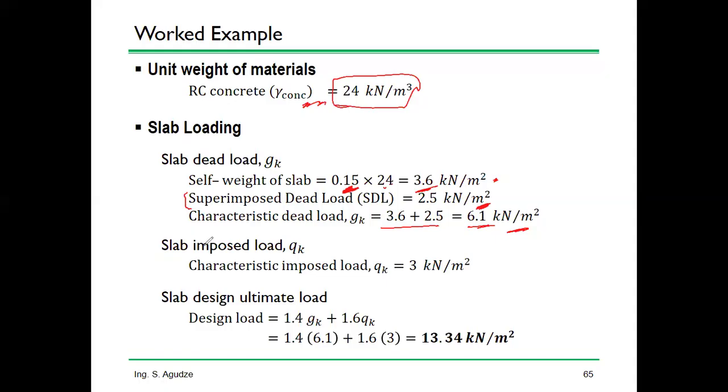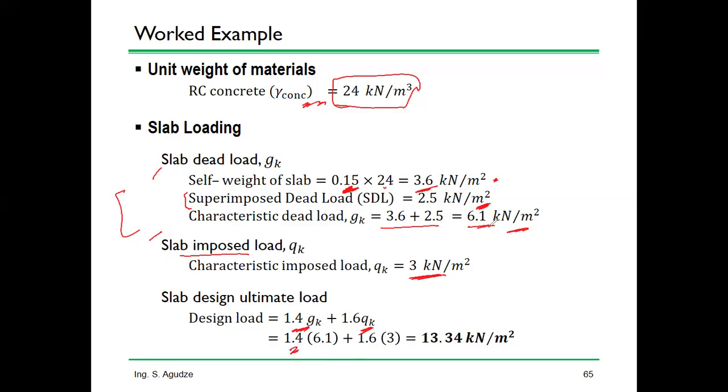Then in terms of the slab, we have imposed load, right? The imposed load was given in the question. So to calculate the design load for the slab, we know that we have dead and imposed. So that's load combination one, which is 1.4 GK plus 1.6 QK.